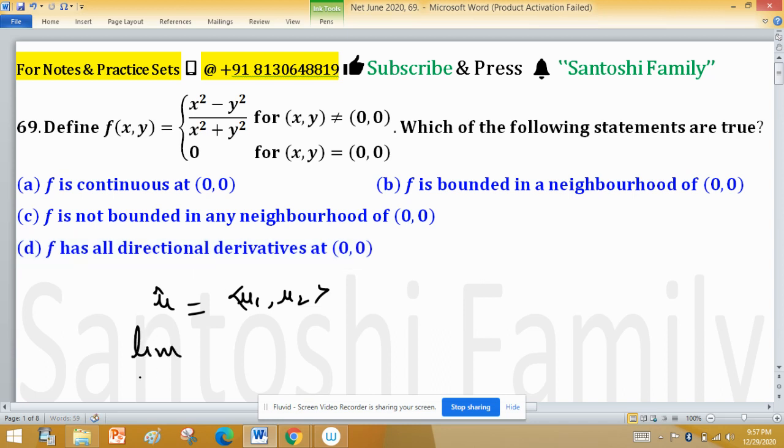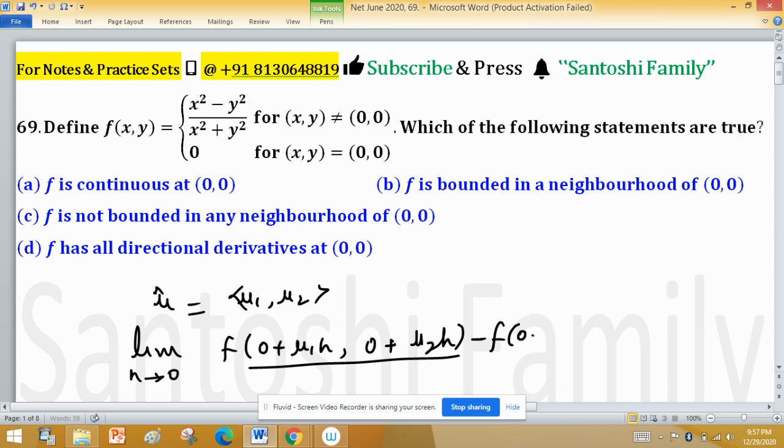So the definition of the directional derivative is f of (0 plus u1 h, 0 plus u2 h) minus f at (0, 0), divided by h.